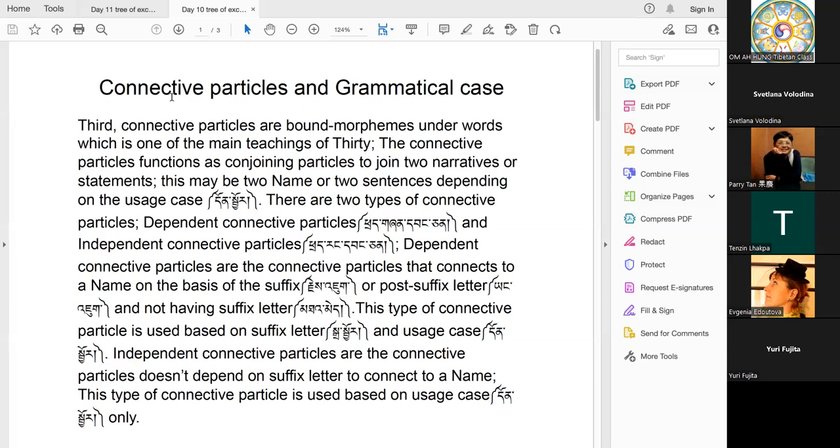And narratives and statements could be either a name. So name here is the Tibetan concept in this particular text. So name as term, and then it could be a phrase, it could be sentences, it could be half a sentence, it could be continuation of a sentence.